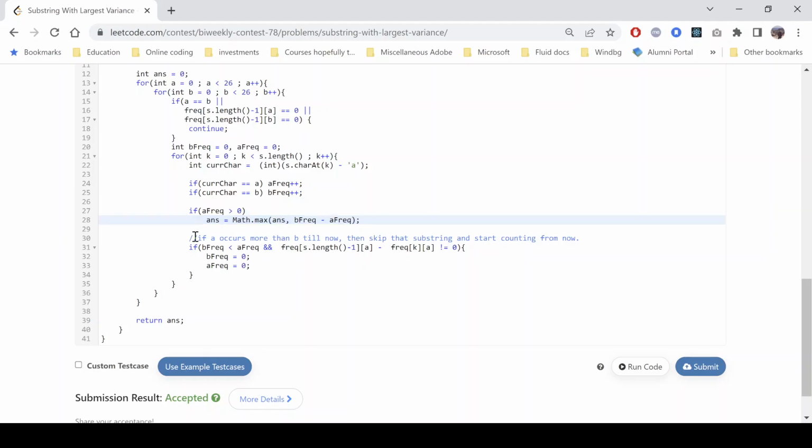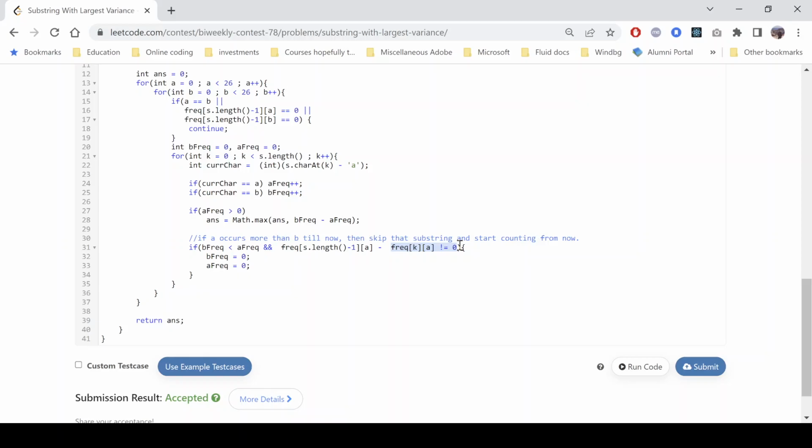And the second thing is, if A occurs more than B till now, the one that we have discussed in the diagram, that means the frequency of B is less than the frequency of A, and if there is another A present after this, what this says is, for the character having minimum frequency, if the difference between the snapshot present at the last index and the snapshot present at the current index is not equal to 0, that means there is at least one A present after the current position as well, because we are updating the index as we saw in the upper loop, right? So this will tell us that we have at least one A.